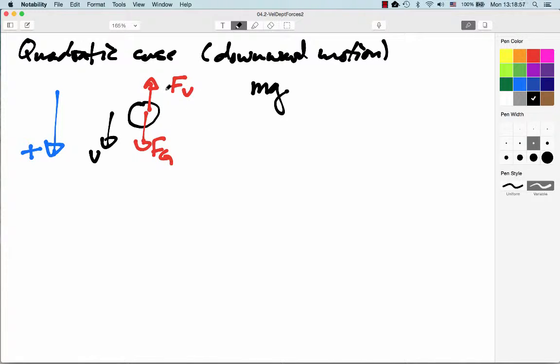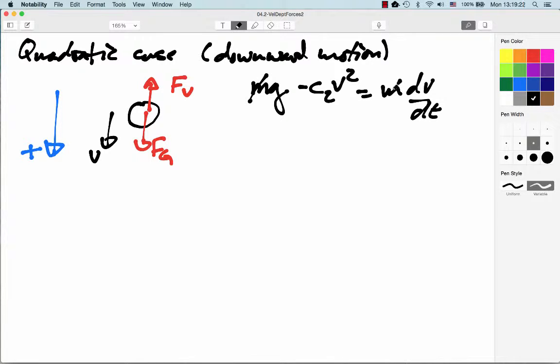Now here, I have to choose between plus or minus c2v squared. Since v squared will always be positive, I need the minus sign in order for it to point up. So minus c2v squared, and that will equal ma, so m dv/dt, looking ahead to trying to do some integrals.